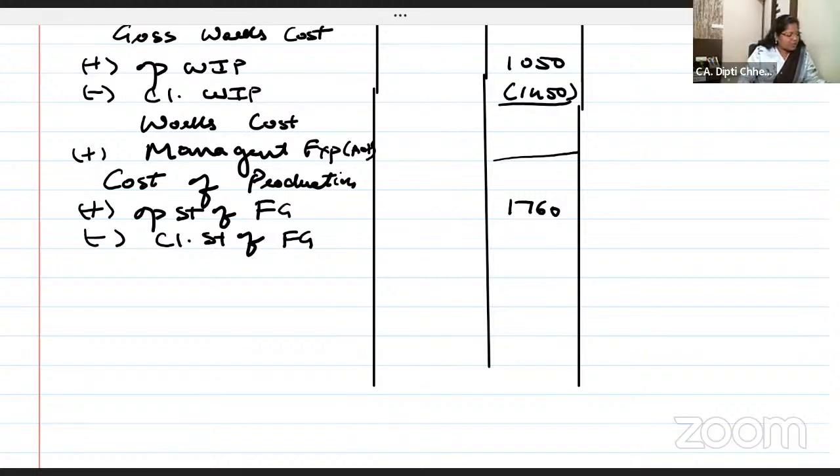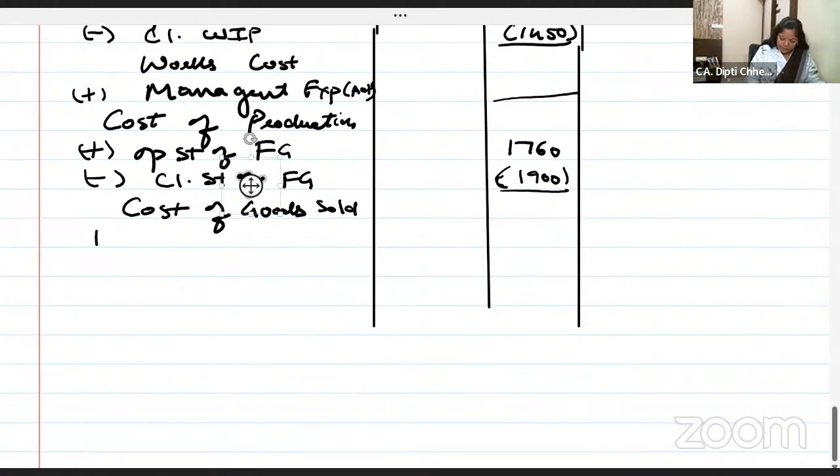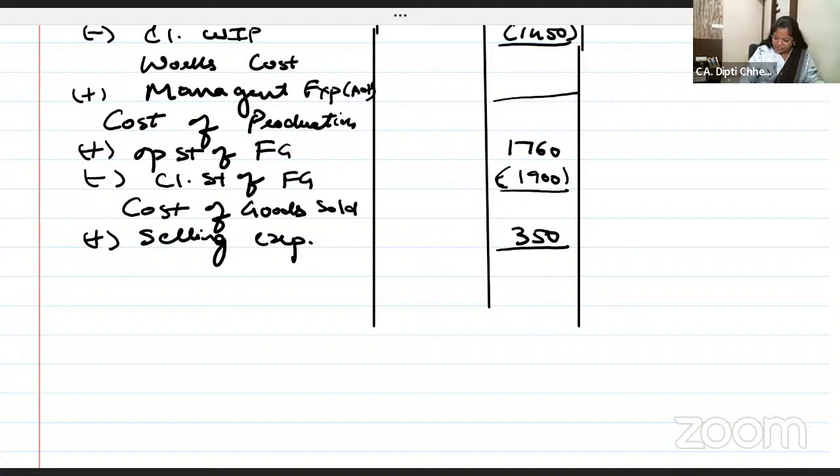Closing stock of the finished goods. How much is given, beta? 1900 and it's closing, so we will minus. Now what you get, you call it the cost of the goods sold. Add selling expenses. They have given 350.